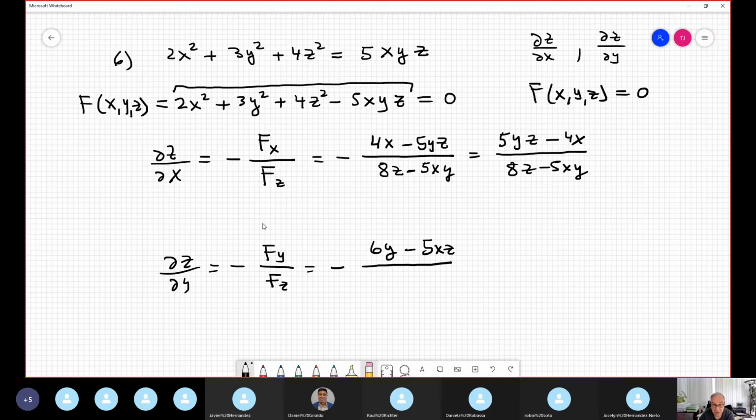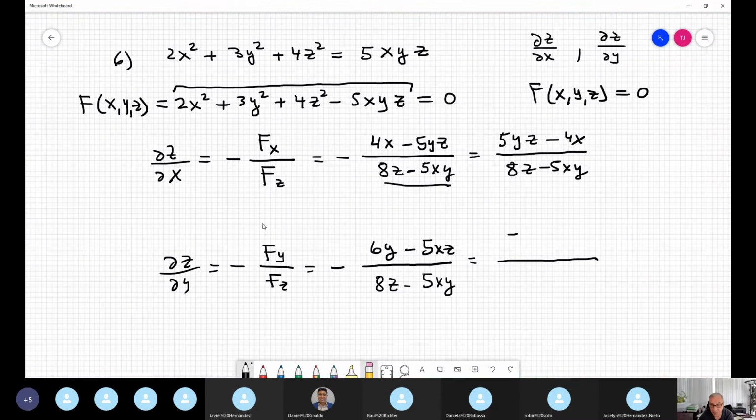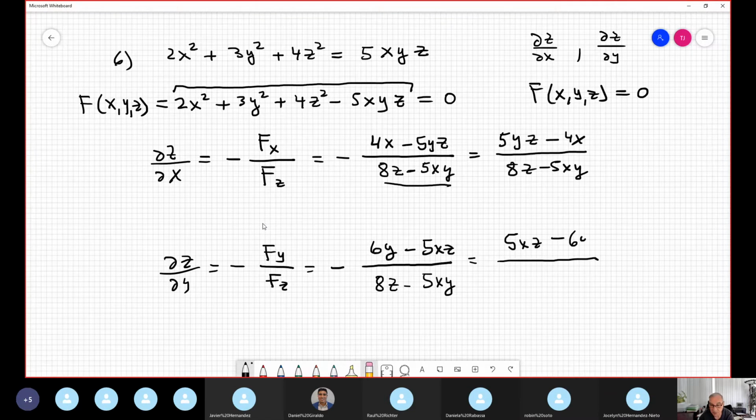And this is exactly the same, just copy and paste here. If you want to eliminate this negative, well, okay, let's do it. 5xz minus 6y over 8z minus 5xy. Done. End of the story. Super easy.